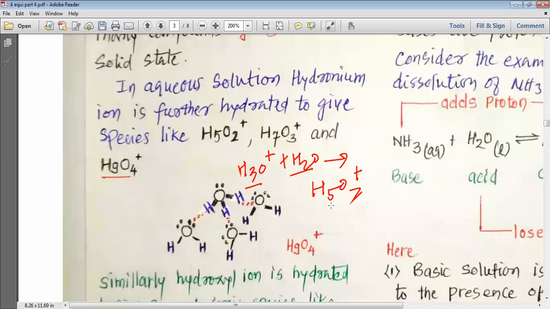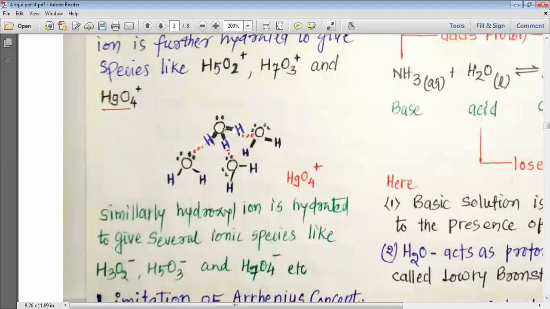If you add water to it, it turns out to be H7O3+. So as this H3O+ undergoes the process of hydration, we can get various ions produced. Even when one more molecule of water is added to this H7O3+, you can have H9O4+.